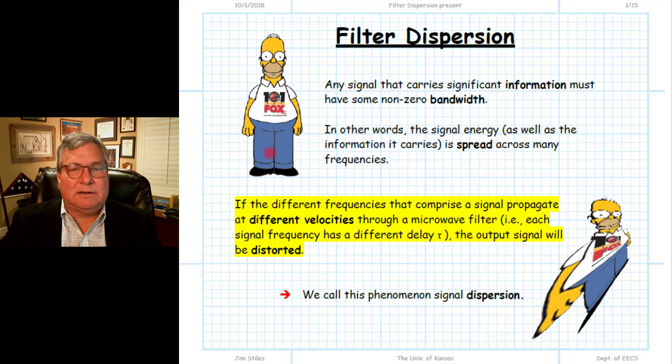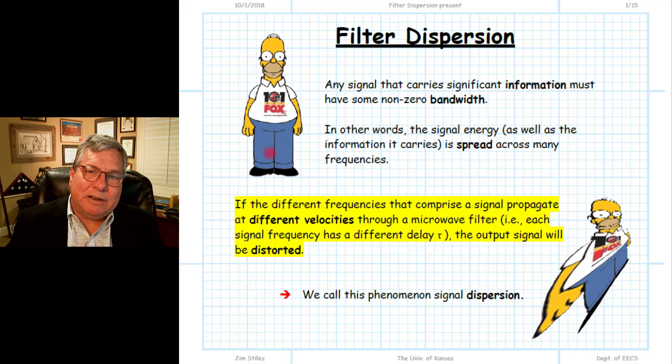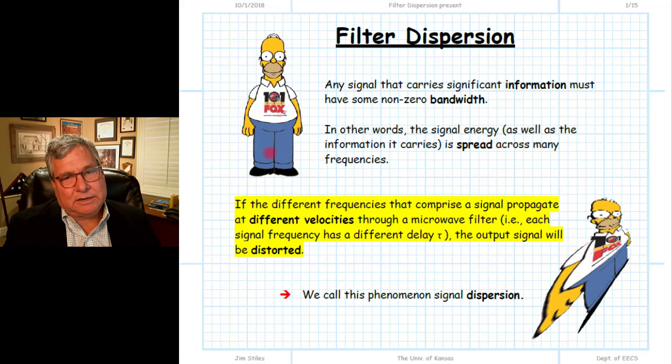We want the signal at the output to be a perfectly shifted version of the signal at the input, but it cannot be if each frequency component propagates through the filter at a different velocity. If each sine wave that makes up that spectrum propagates such that the delay from one end to the other is different, when they add back together at the output, we'll find that we have a distorted signal.